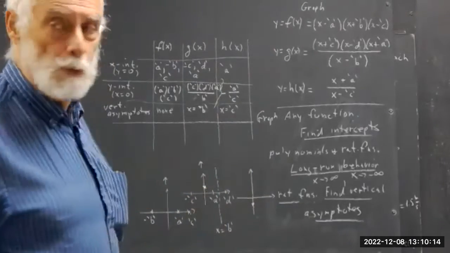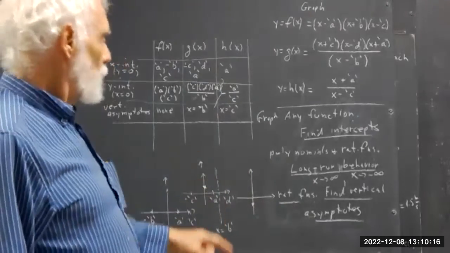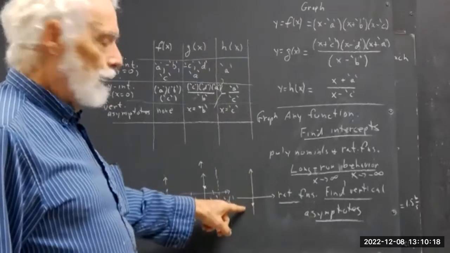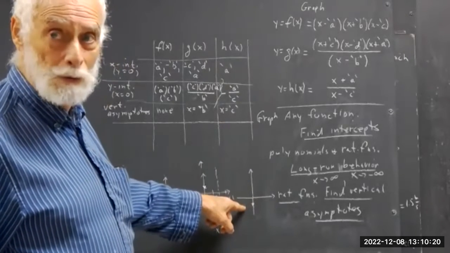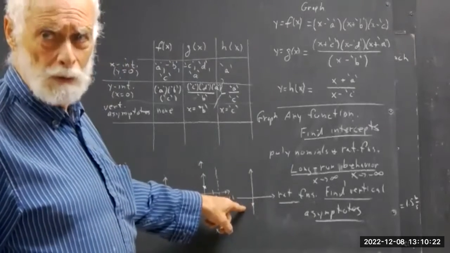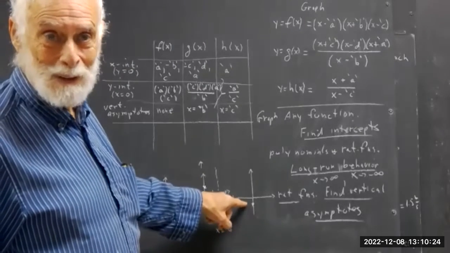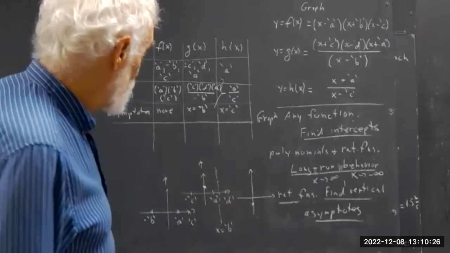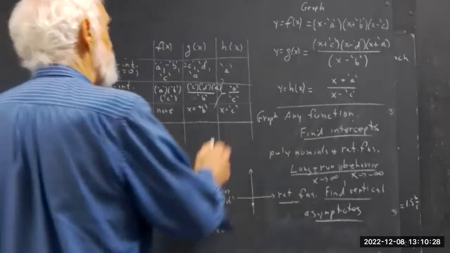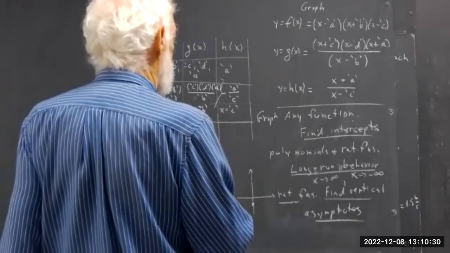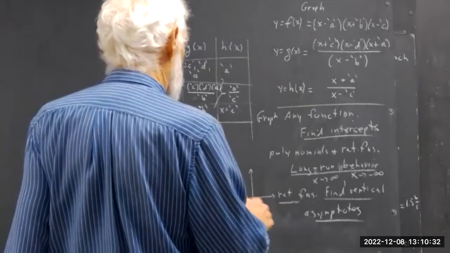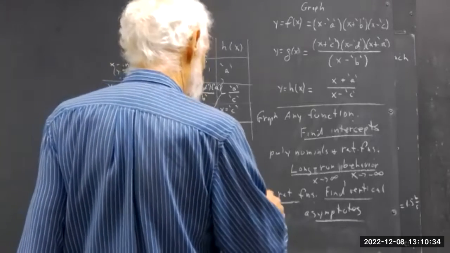Don't start with your y scale, because if you put a y scale from negative 10 to 10 and this zero occurs at 0.003, you're out of luck. You want to scale it so that you can see that point. Then that's the y-intercept. The x-intercept is at A.